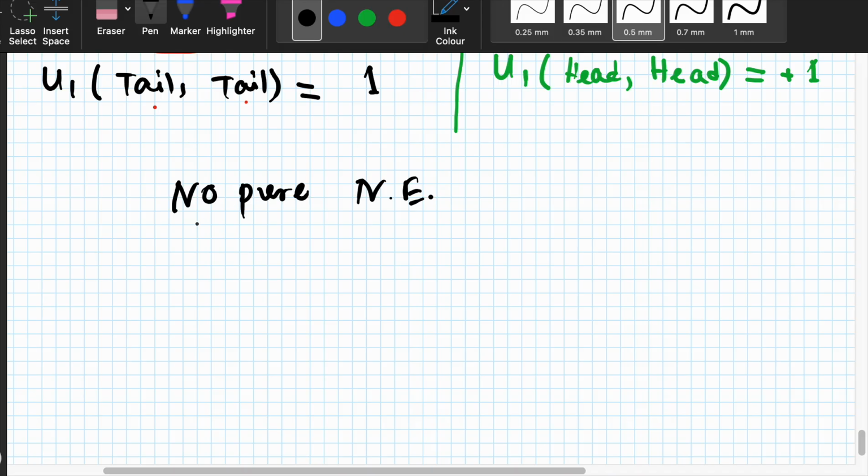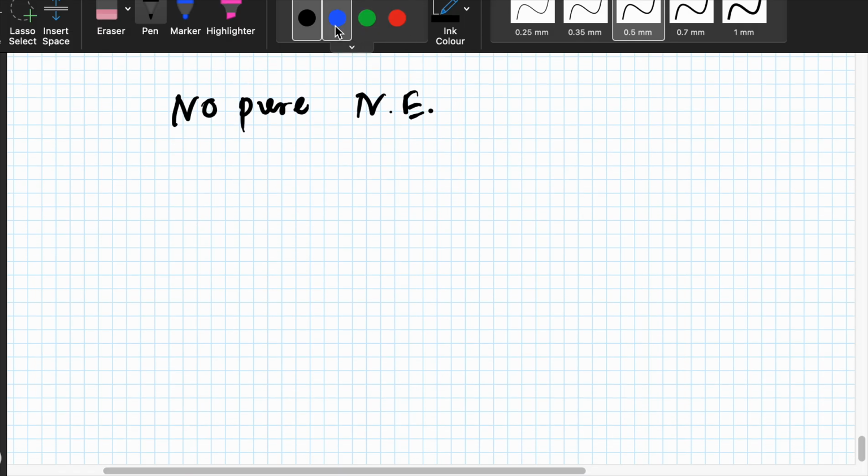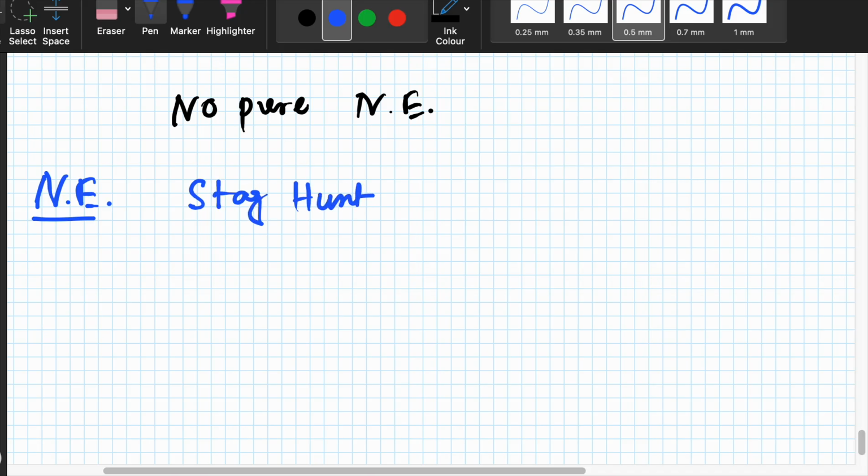Now another thing we want to see in this class is the Nash equilibrium of the stag hunt game. The Nash equilibrium of the stag hunt game is the same as the battle of the sexes.